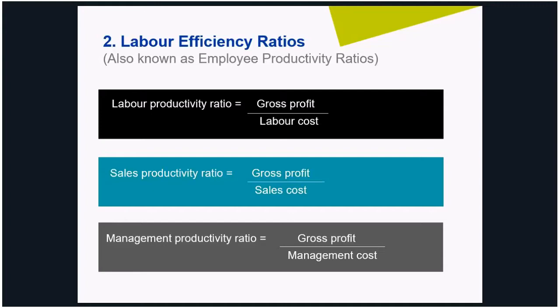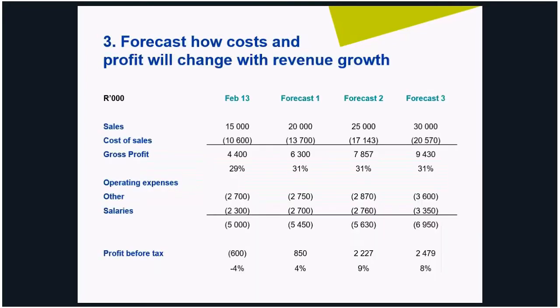So you need to be setting targets for these ratios, and then where you make an investment in the business, ensuring that the ratio returns to that target level to support the investment that you've made. And then the final one is to forecast how costs and profit will change with revenue growth.